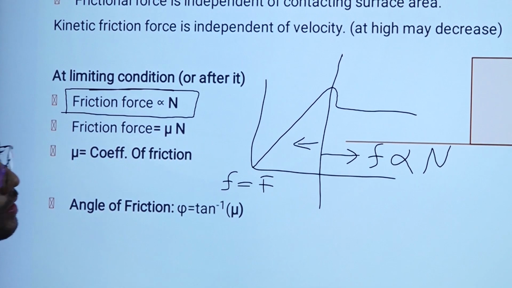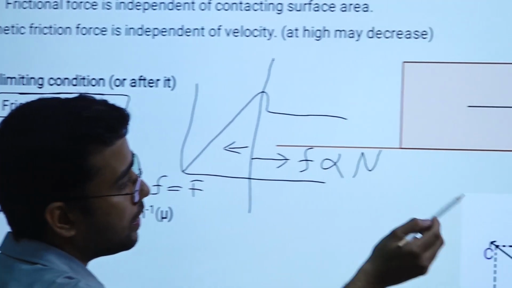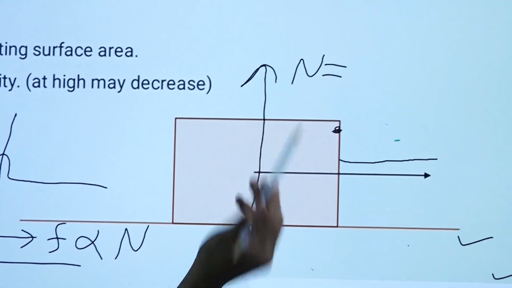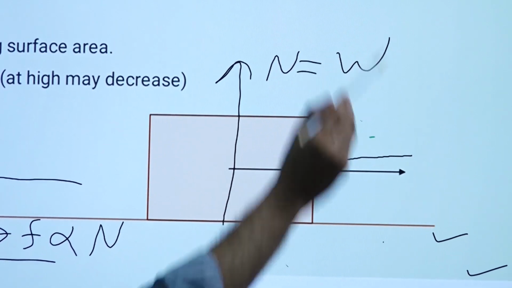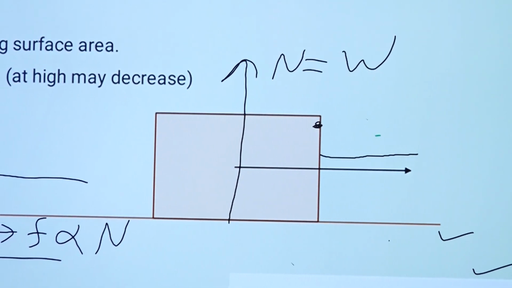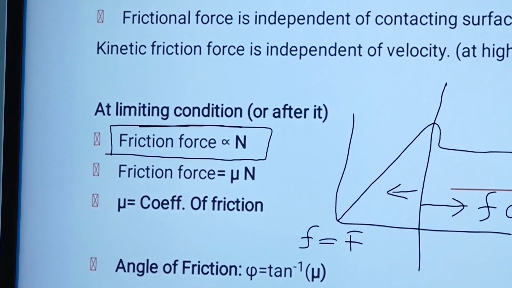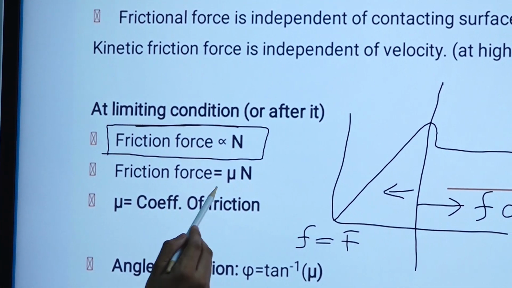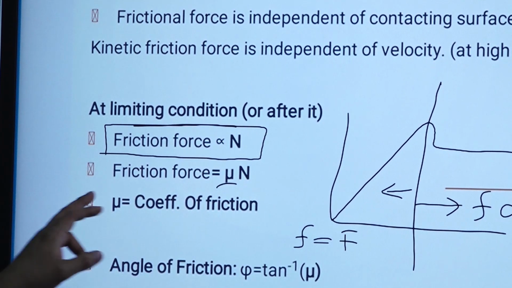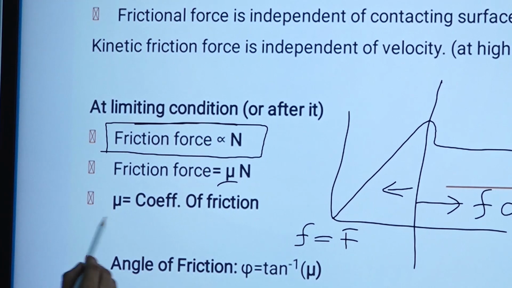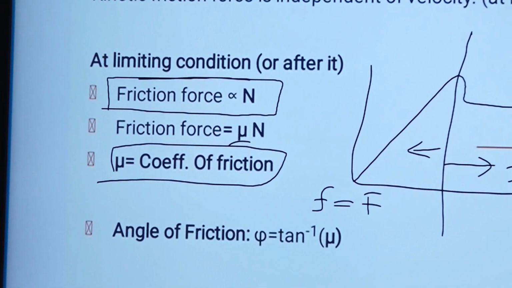N is the normal force between this block and the surface, and that will be mostly equal to mg, the weight of the block. So friction force is proportional to N. When you remove this proportional sign, you will find one constant mu, and friction force will be equal to mu N.